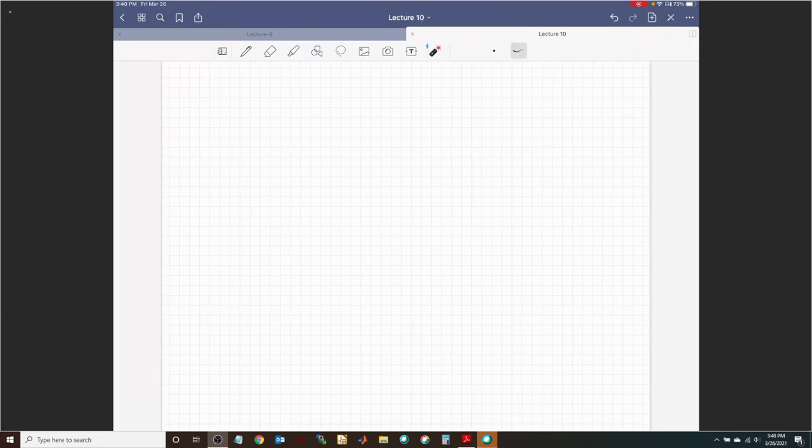example over here. I have 1011, right? So if I have 1011 in binary, what happens if I shift it left by 2 bits?